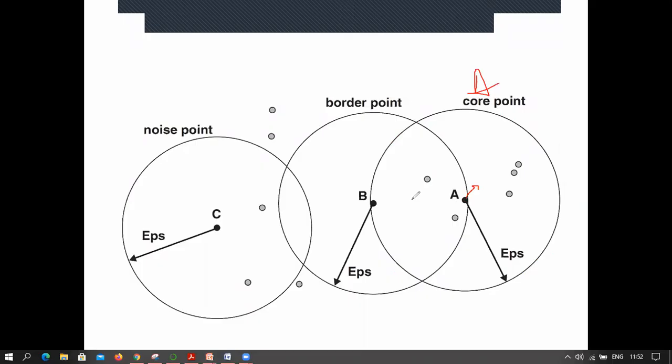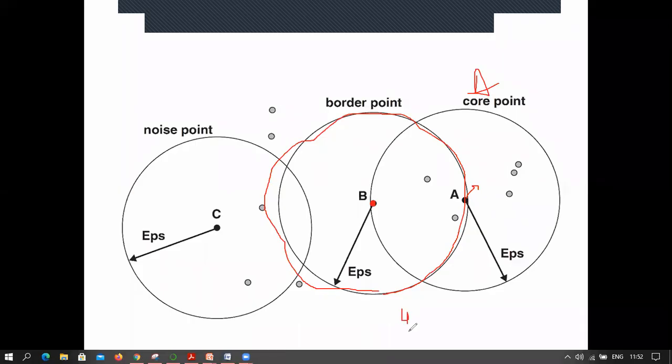Fine. Now I'm taking this point as my center. Again I'm drawing a circle with radius epsilon. Now count the number of points within that, including this, 1, 2, 3, and this one also, 4.